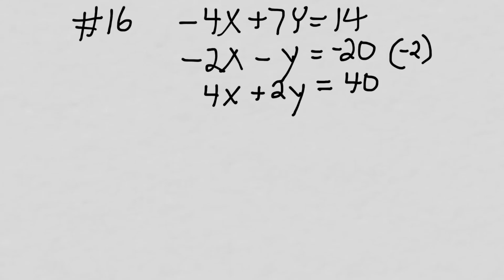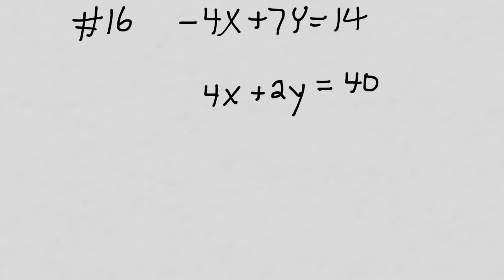I've multiplied that whole second row times negative 2. I don't need it anymore. To keep down confusion, I'm just going to get rid of it. All right. I've got what I want here. I've got minus 4x plus 4x. They eliminate. The x's are gone. 7y plus 2y gives me 9y.